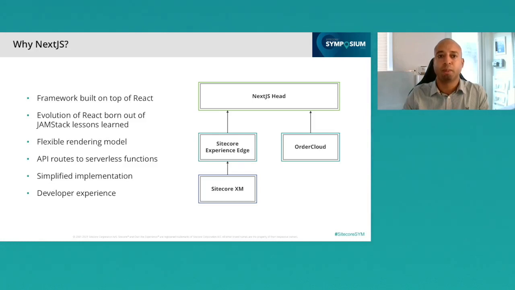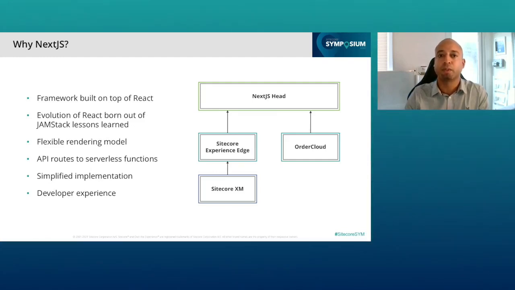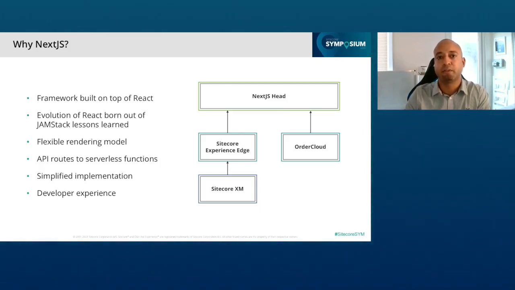Next.js is a framework built on top of React and was born out of the lessons learned by enterprise organizations trying to run statically generated, complex applications following Jamstack principles. Its hybrid rendering models remove some of the no-server-side-logic limitations of Jamstack, allowing you to get the benefits of static site generation, but also support complex enterprise use cases.